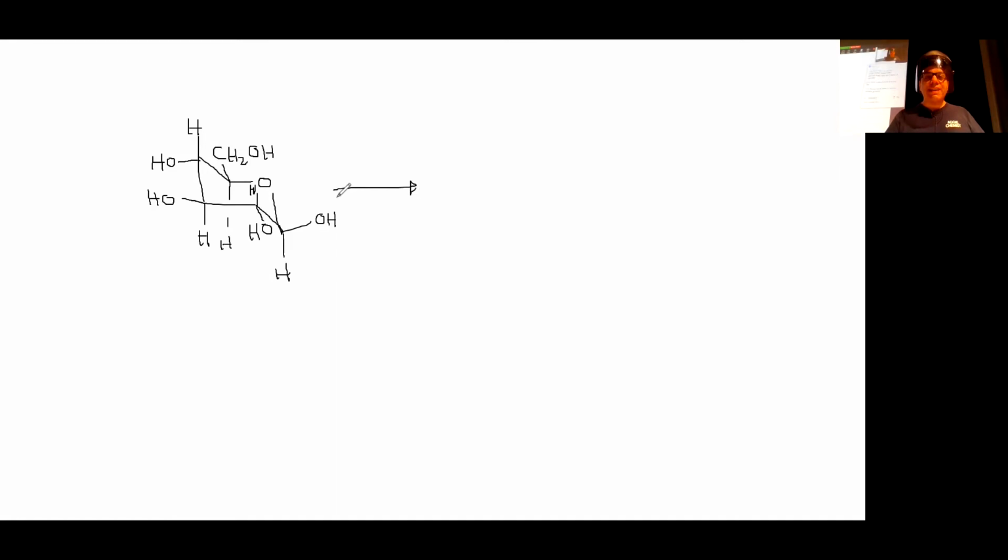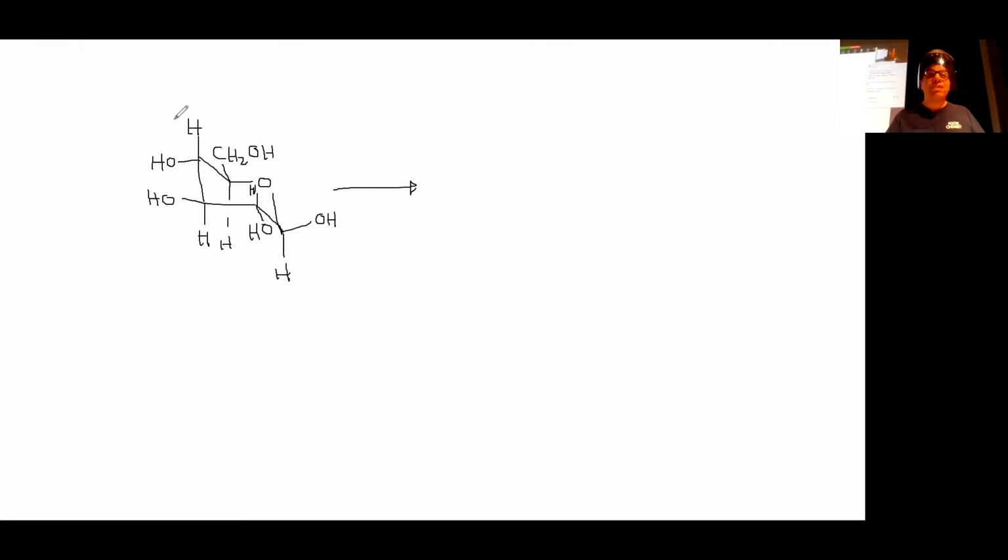Well, we learned in chapter 8 that if you treat an alcohol with a base in the presence of an alkyl halide, preferably primary, then you will get an ether. It's nothing more than an SN2 reaction. We called that the Williamson ether synthesis. The only trick is, look at all these OH groups.